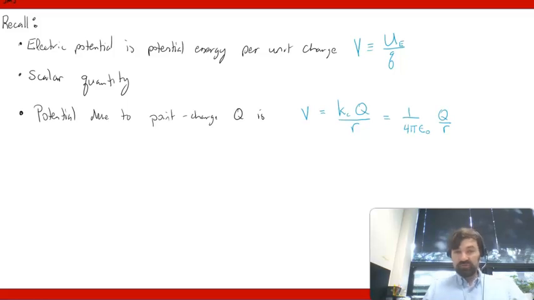The potential due to a point charge, we'll call it capital Q, is Coulomb's constant times Q over R, or in other words 1 over 4 pi times the permittivity constant epsilon naught, all times Q over R. And reminder, these two constants, K sub C and epsilon naught, have set universal values.